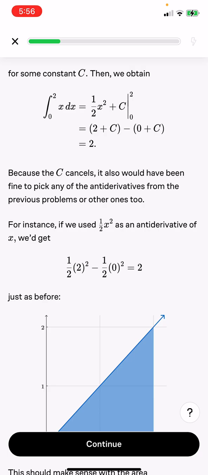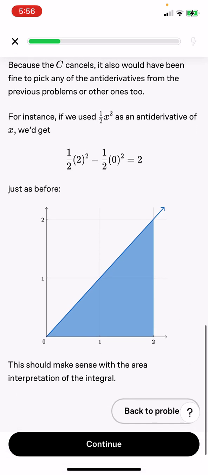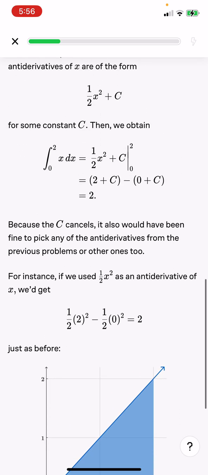It would also work picking the antiderivatives from the previous problems or other ones too. For instance, we used 1 over 2 x squared as an antiderivative of x. We get 1 over 2 times 2 squared, minus 1 over 2 times 0 squared, which just equals 2. So I wonder if that'll work for everything.